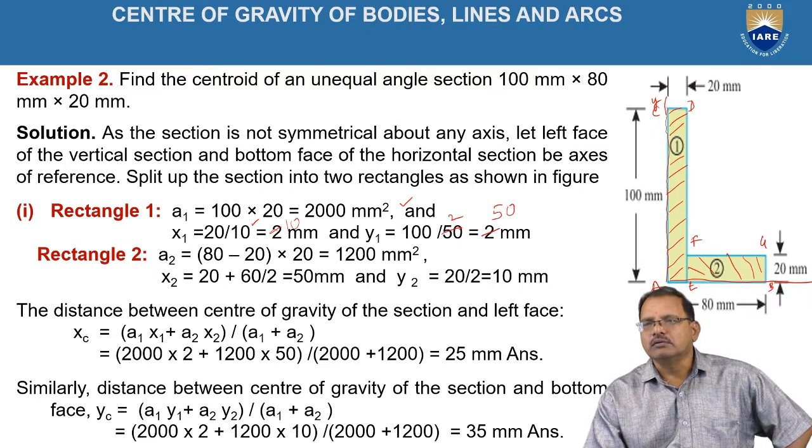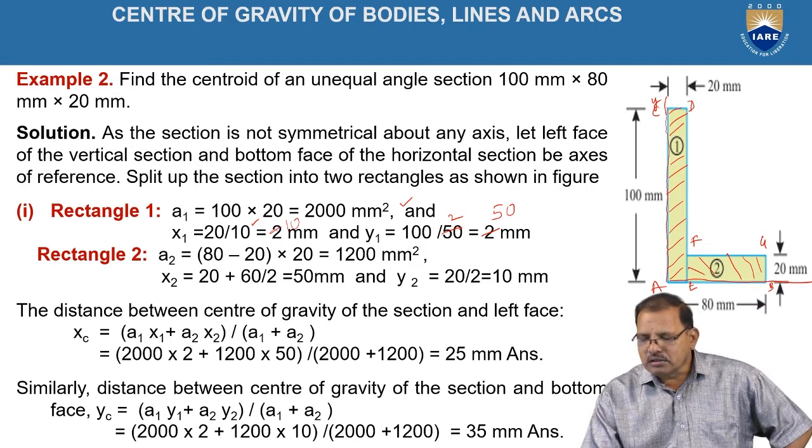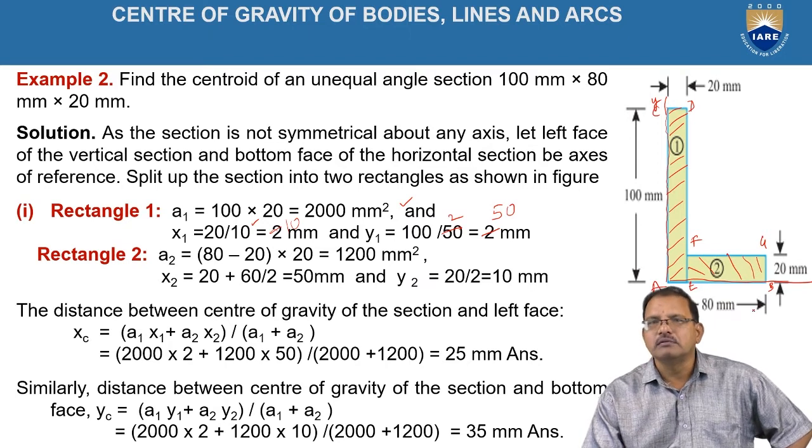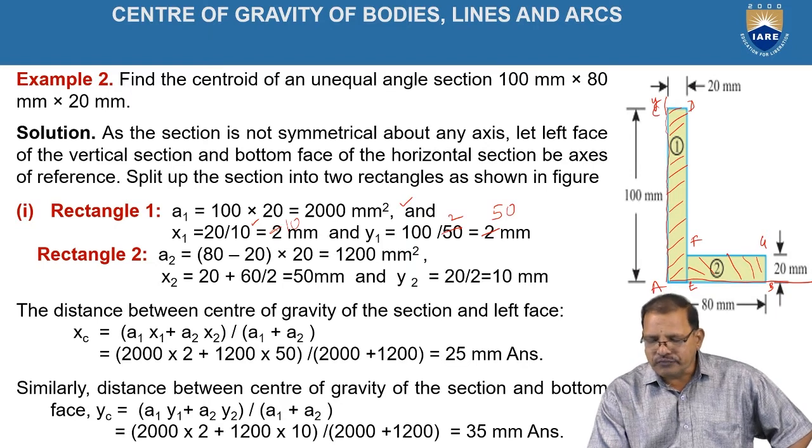Similarly, for rectangle 2, it is represented here as EFGB. The area is given by: since in the bottom position AB is representing 80, but we already considered the thickness in rectangle 1, it now becomes 60. The center of gravity is given by AE, since with respect to the vertical we are taking x2, which is equal to AE plus EB divided by 2.